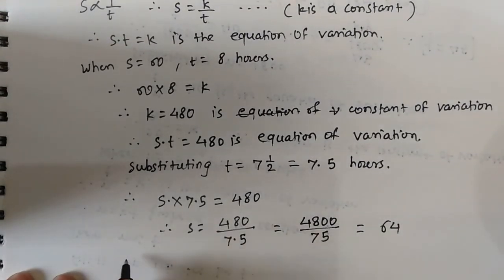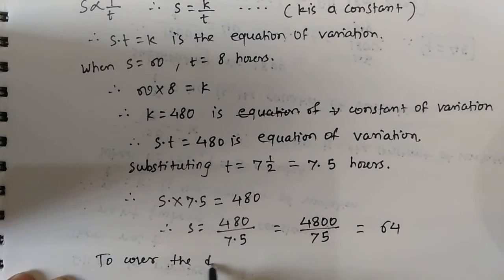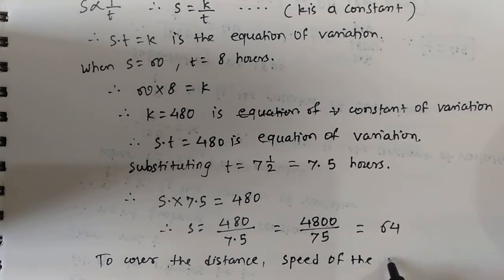So therefore to cover the distance, the speed of the car should be 64 km per hour.